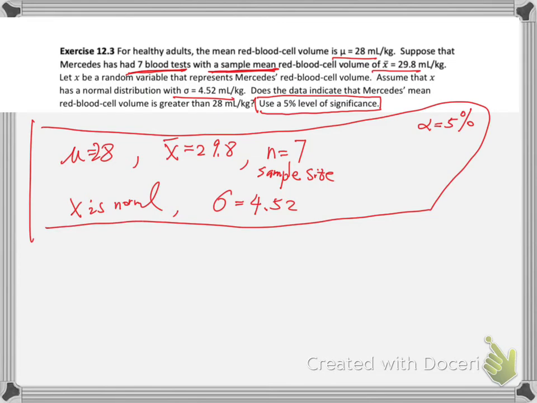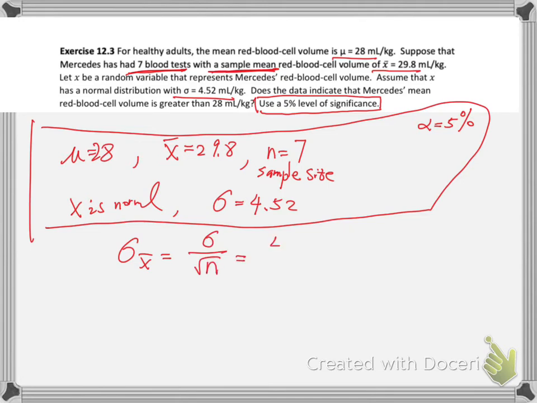Now, like the previous case, there is x bar, so definitely we need a new sigma. Let's calculate the new sigma first. So sigma x bar is sigma divided by radical n.